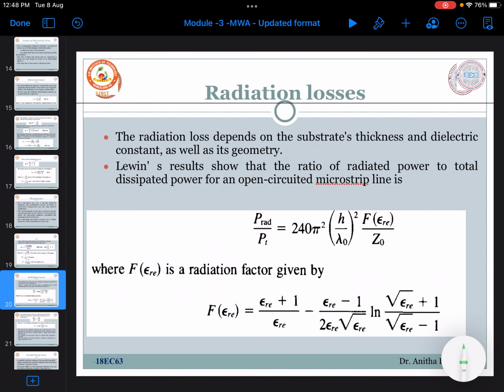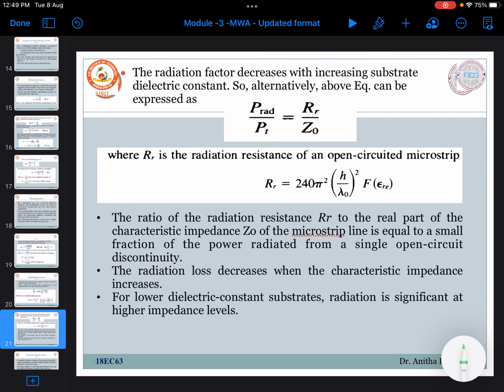Next, coming to the radiation losses. Radiation loss depends upon the substrate thickness, dielectric constant, as well as the geometry. Lewin's results show the ratio of radiated power to the total power for an open circuited microstrip line as this. Here we have one factor known as the radiation factor, which can be evaluated based on epsilon re using this formula.